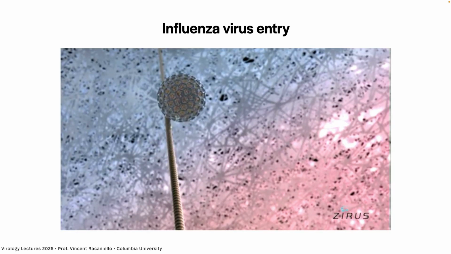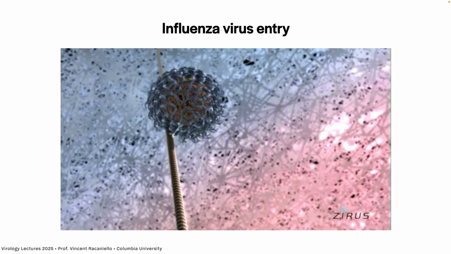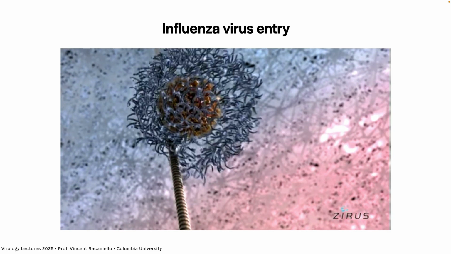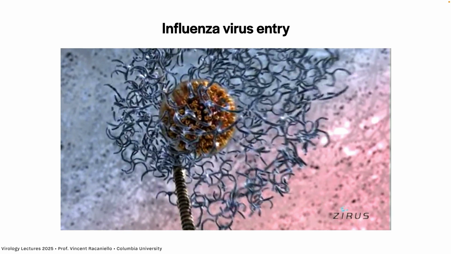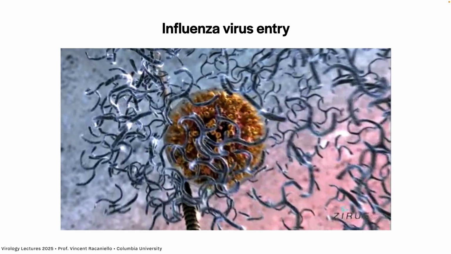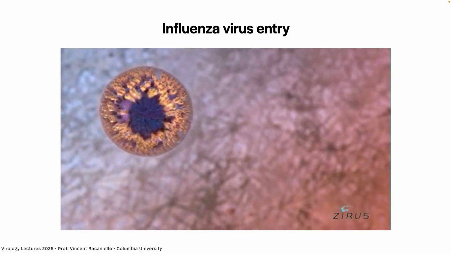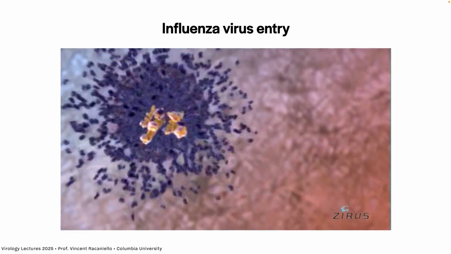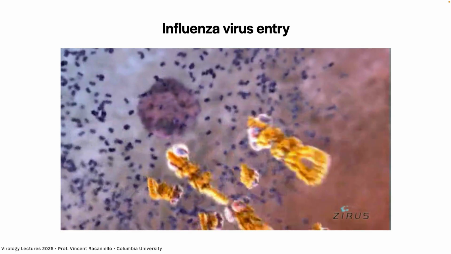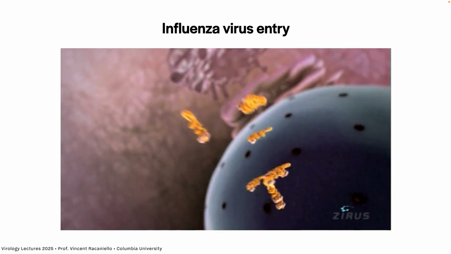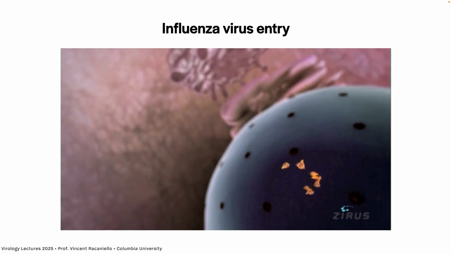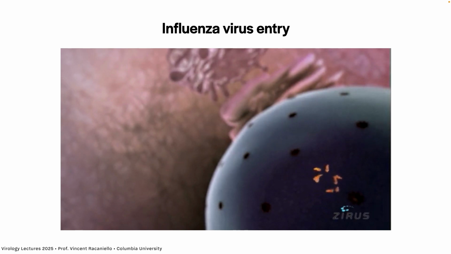There you go, little motor. This one is very frenetic, this motor. It's really in a hurry. The pH is dropping and the membranes are fused. You don't see any of the details, but the membranes are fused. Those are the ribonucleocapsids of the virus that come out and they enter the nucleus.